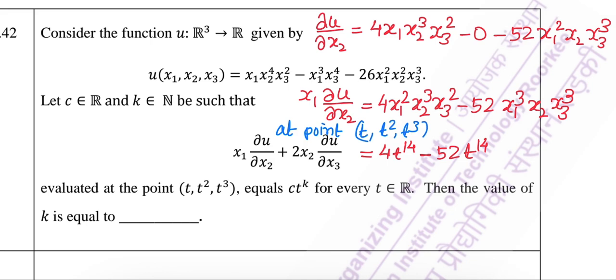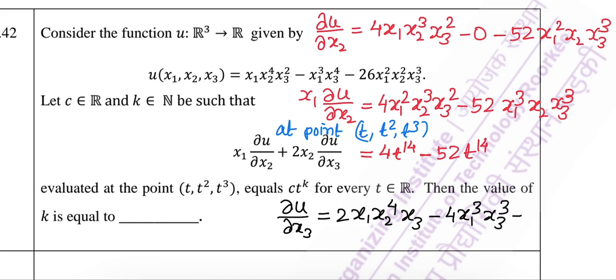So this time this function will be differentiated with respect to x3. So del u by del x3 this time will be 2 x1 x2 to the power 4 x3 minus 4 x1 cube x3 cube minus 78 x1 square x2 square x3 square.